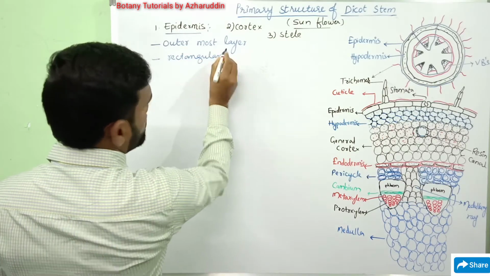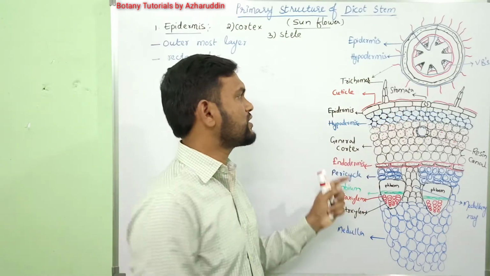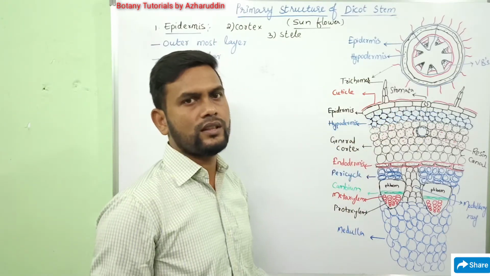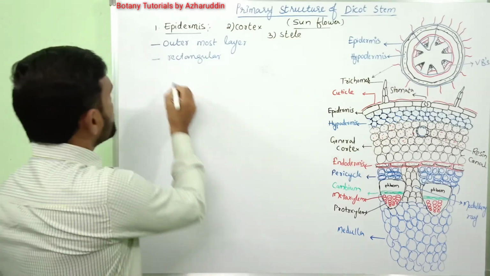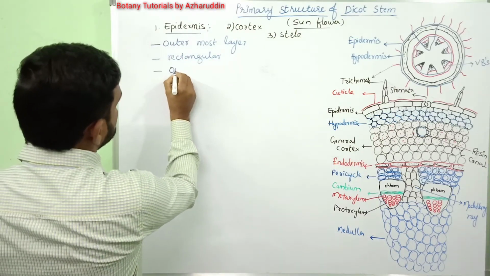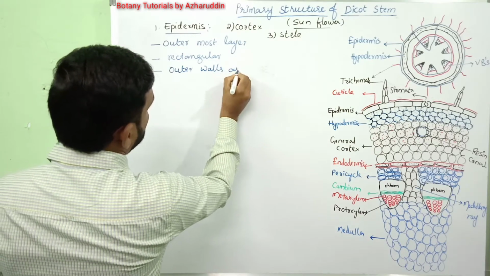Rectangular cells are present in the epidermis, and they are closely arranged without intercellular spaces. There are no spaces between the cells, and their outer walls are cutinized.